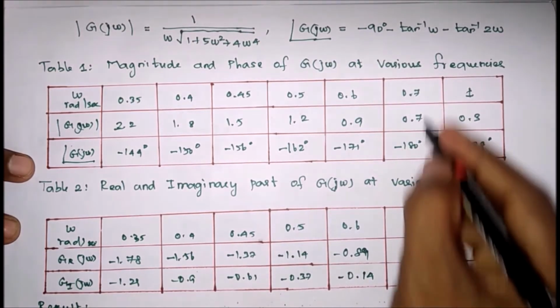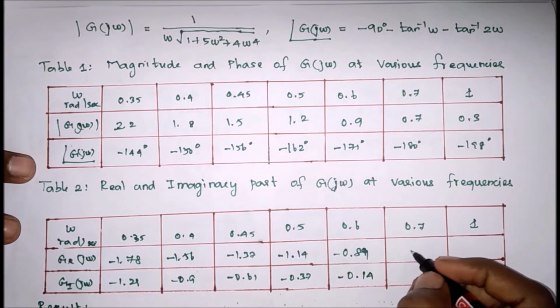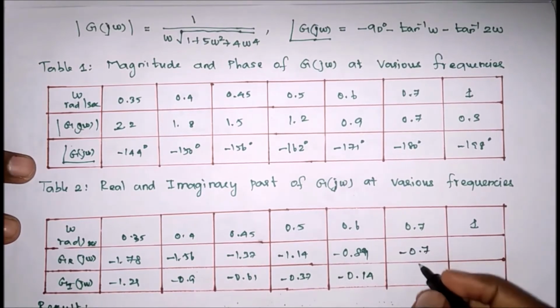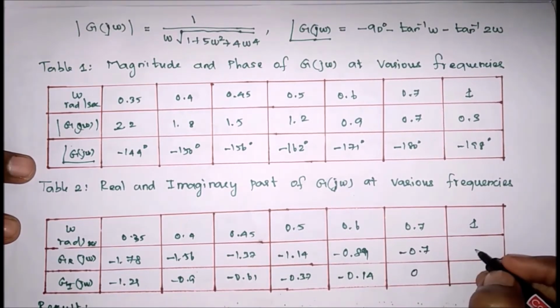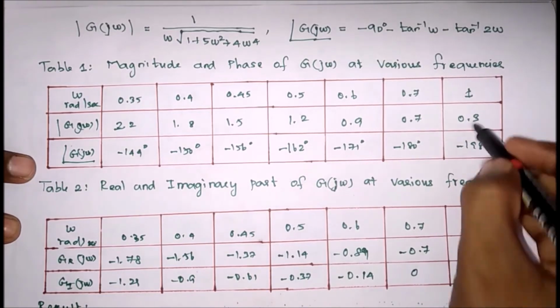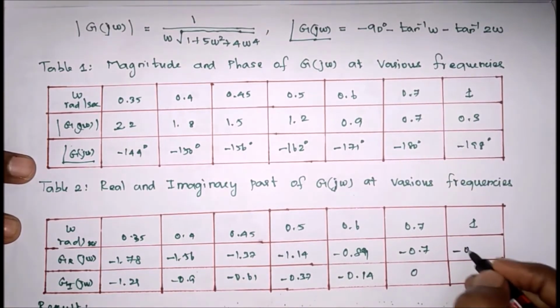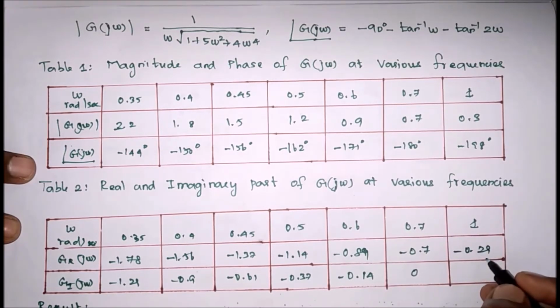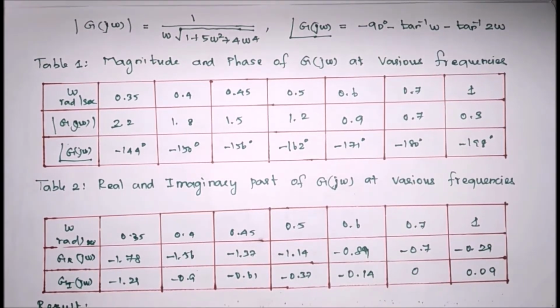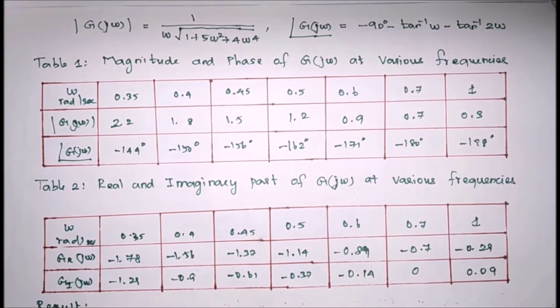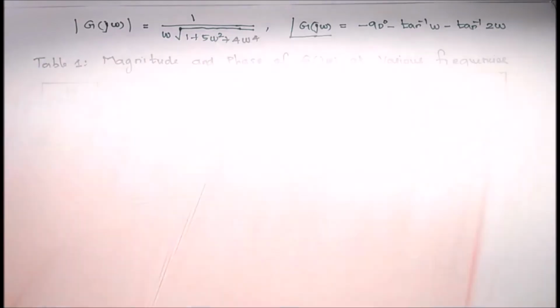For 0.7, real minus 0.7, imaginary 0. For 1, if we convert this magnitude and angle into rectangular coordinates, we will get minus 0.29 as the real and 0.09 as the imaginary. Now I am going to substitute this into the polar graph sheet.